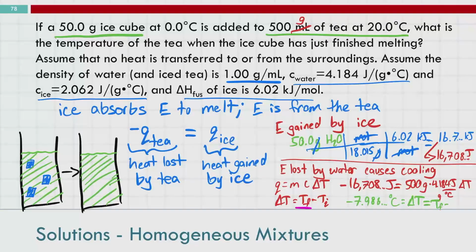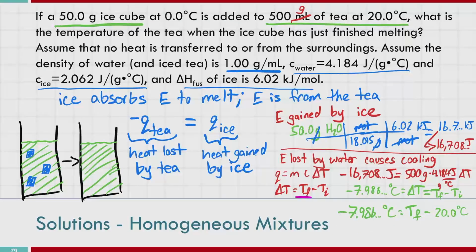and delta T is TF minus TI. So this is equal to our final temperature minus our initial temperature, which was 20 degrees Celsius. So our last step, we add 20 to both sides.